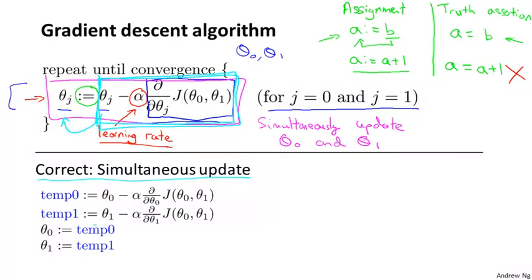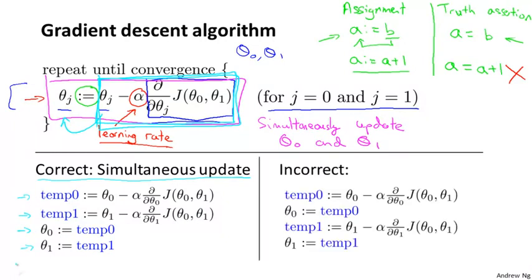This is a correct implementation of gradient descent, meaning simultaneous update. So I'm going to set temp 0 equals that, set temp 1 equals that, so basically compute the right-hand sides. And then having computed the right-hand sides and stored them into variables temp 0 and temp 1, I'm going to update theta 0 and theta 1 simultaneously. So that's a correct implementation. In contrast, here's an incorrect implementation that does not do a simultaneous update. So in this incorrect implementation, we compute temp 0, and then we update theta 0, and then we compute temp 1, and then we update theta 1.